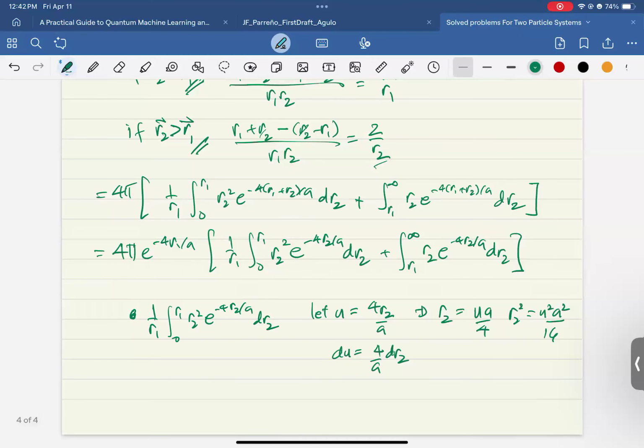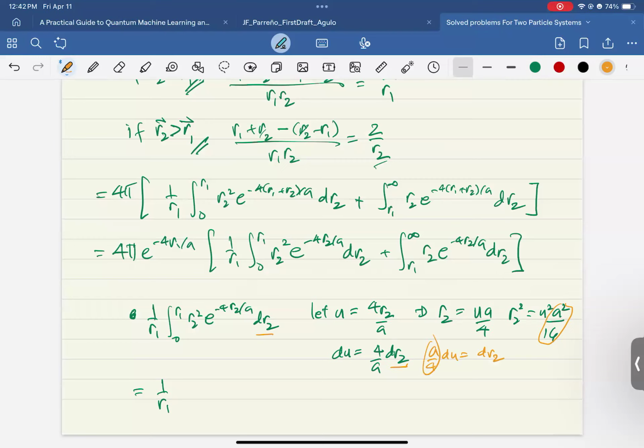Okay, so anong mangyayari dito ngayon sa ating integral? So, equal ngayon to sa 1 over R1. Okay, R2 squared, may merong ganitong coefficient, A squared over 16. Tapos ang dr2, ng coefficient niya is A over 4 du equals to dr2. So meron ka pang ganong coefficient.